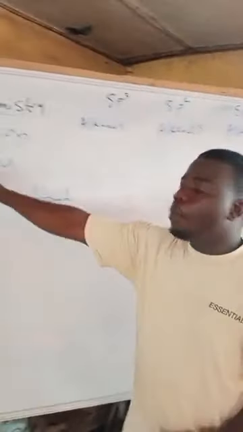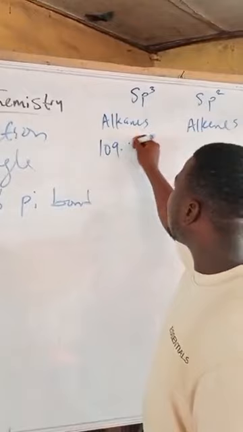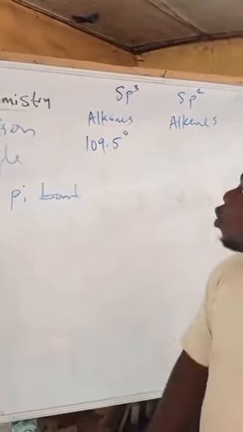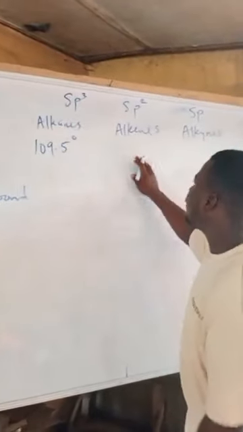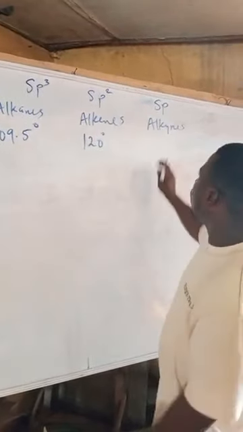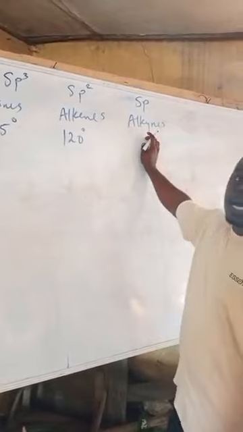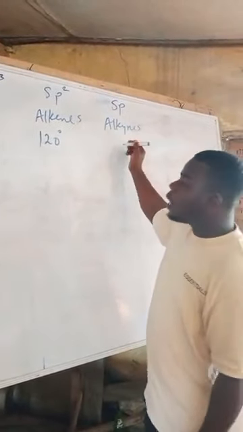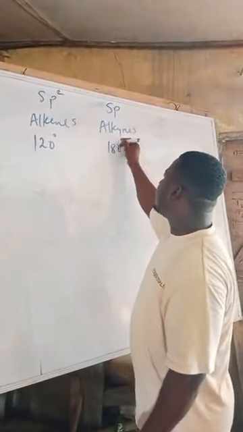Now moving to bond angle. All alkanes have the bond angle of 109.5 degrees. All alkenes have the bond angle of 120 degrees, and all alkynes have bond angle of 180 degrees.